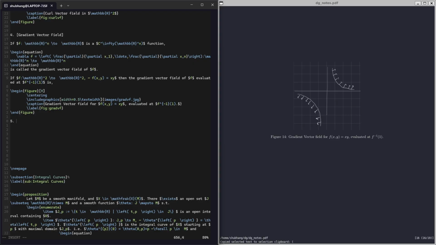Okay, before that we'll just make a few remarks. So let's consider such manifolds and see what the vector fields are. We'll realize a few things.